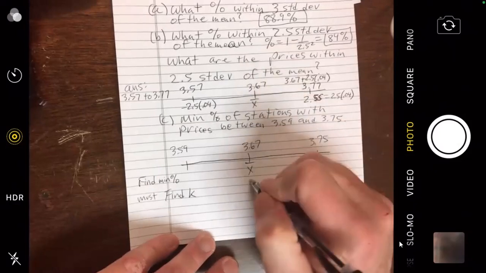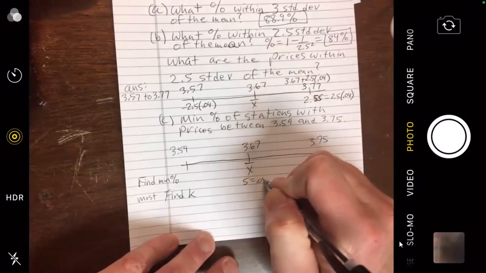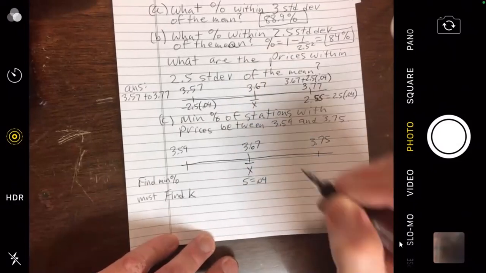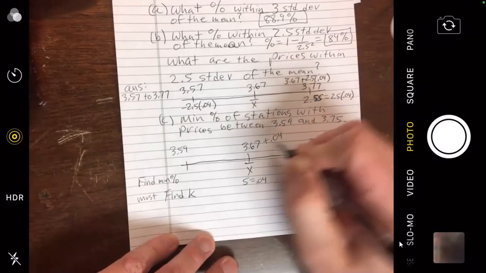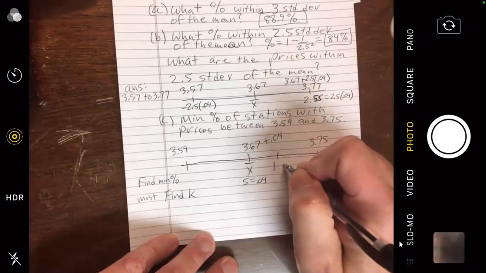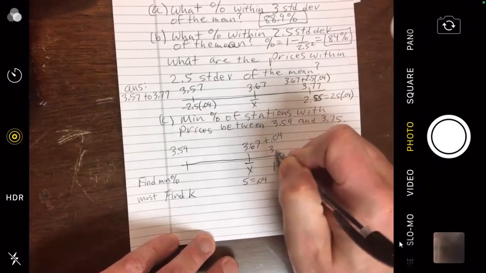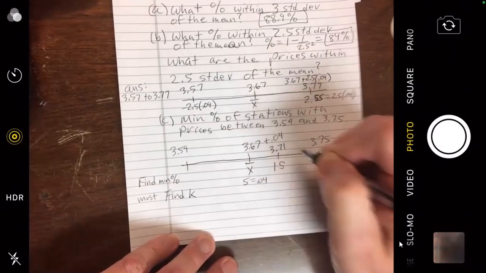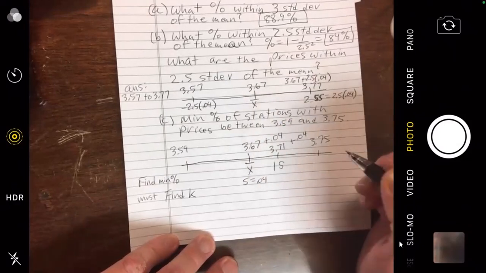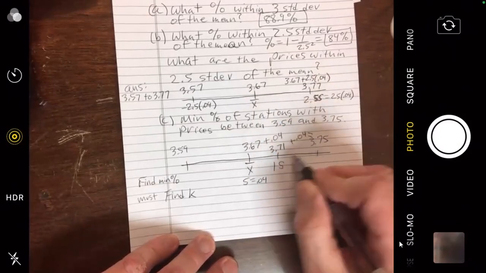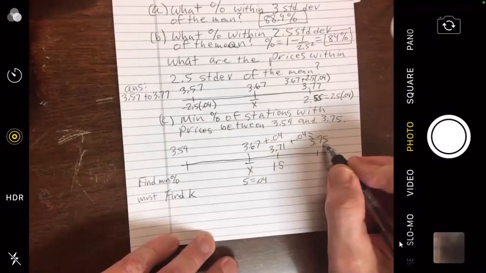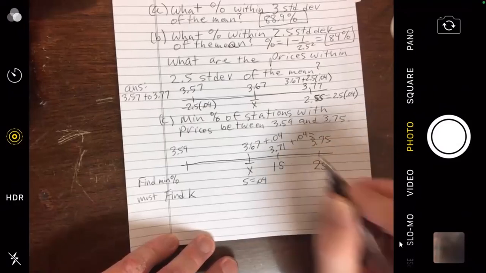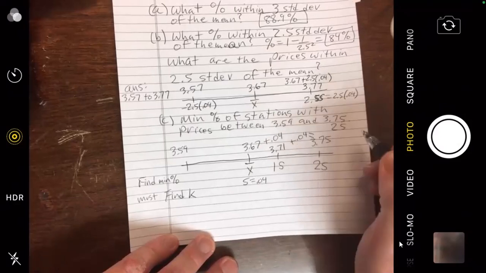In other words, the standard deviation, remember, is 0.04. So if I add 0.04 once, I'm at 1 standard deviation. That would be 3.71. If I add 0.04 again, can you tell that will equal my 3.75? That is 2 standard deviations.